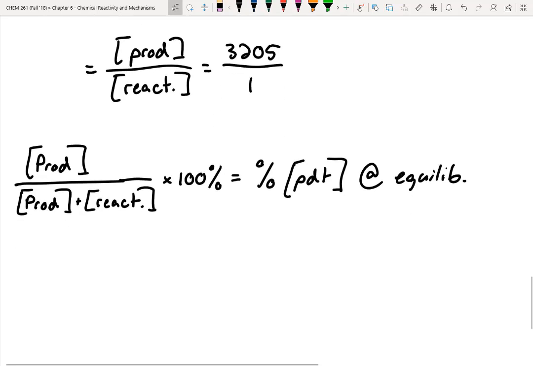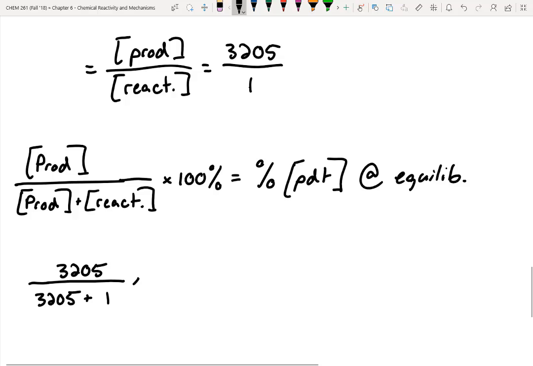Okay, so let's go ahead and plug this in. We said that it would be 3,205. That's the numerator that's equal to products. All right, and then on the bottom, we've got 3,205 plus 1, right? Because the reactants were paired up with that 1 on the denominator.